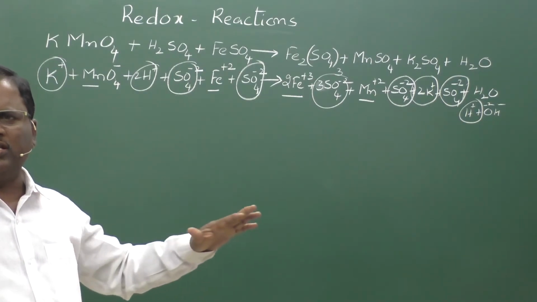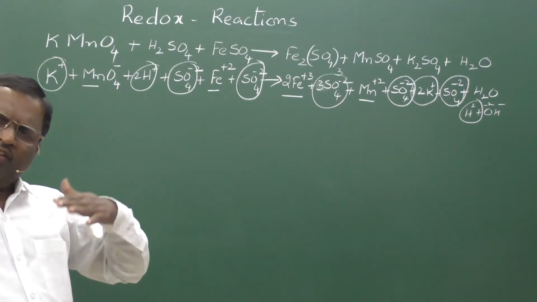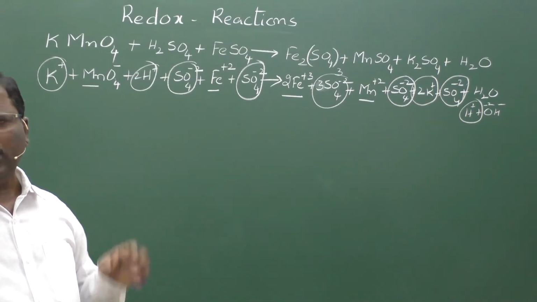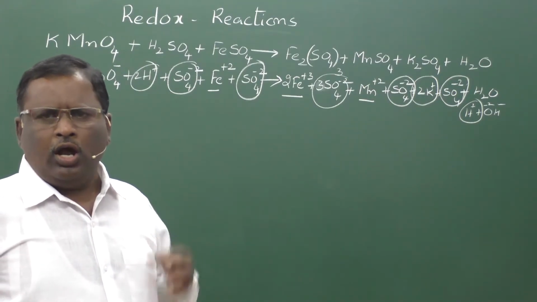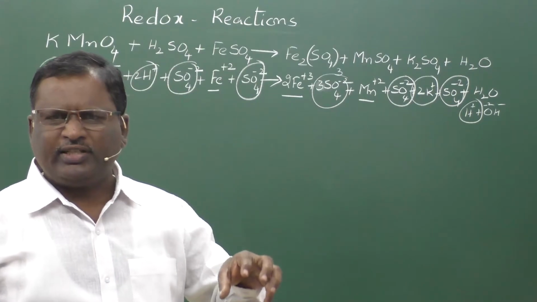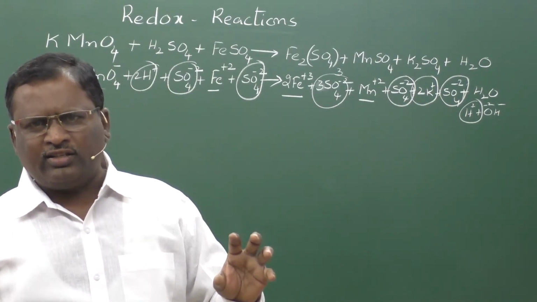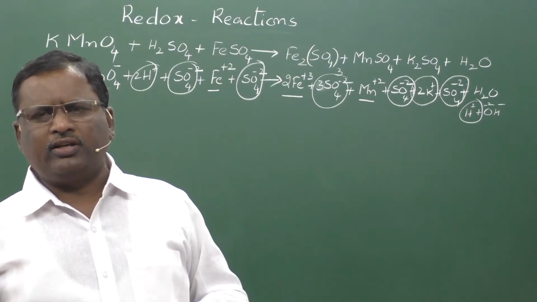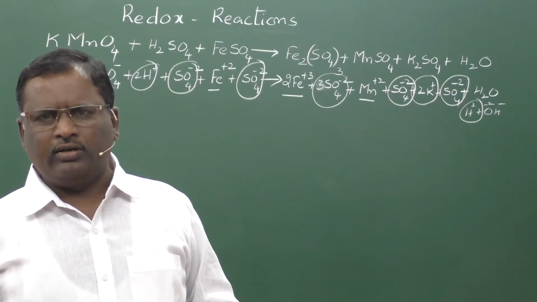There is no change in the oxidation state of those ions. So, leaving those ions, if only those ions which are actually involved in the chemical reaction, or which actually change their oxidation number, are represented as an equation, that equation is said to be an ionic equation.